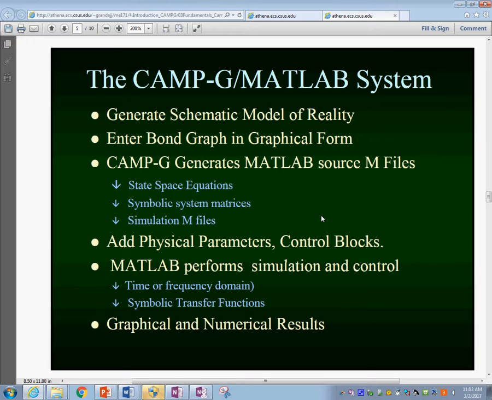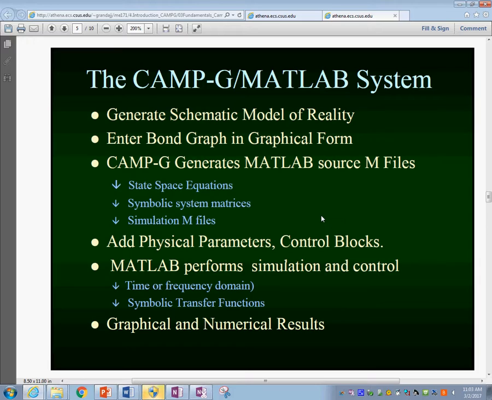Okay? And then once the model is generated, you have to enter the physical parameters, the control blocks, and everything.